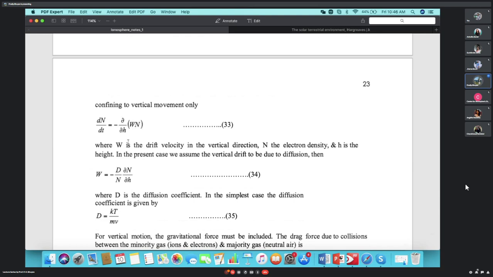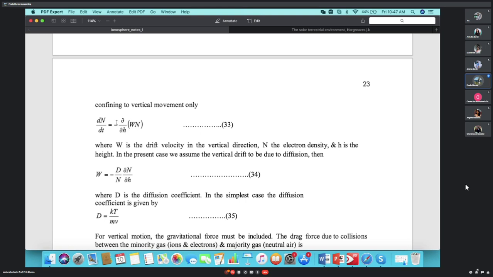What is w? It will come. Del h, because we are now looking at a height, not a distance horizontally. It is the height, the altitude. So del/del h of wn, where w is the drift velocity in the vertical direction, n is of course the number density of electrons, and h is the height.